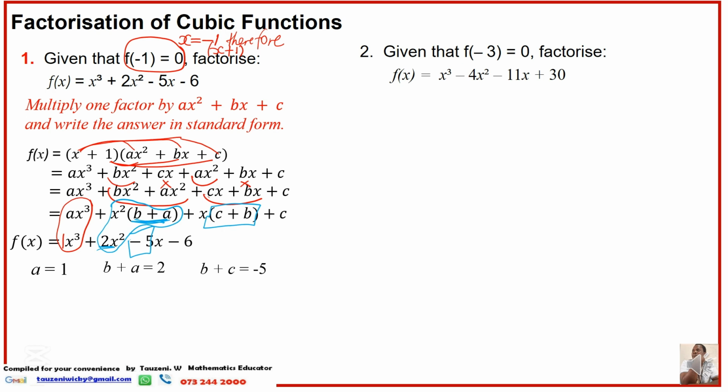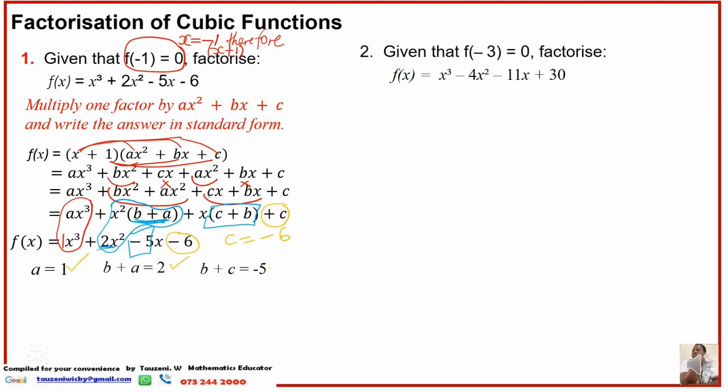As an option to determine the value of c, we can also use the last term. The last term is negative 6 in my case. The last term is c in this case. So that means c is equal to negative 6. That is an option for c.